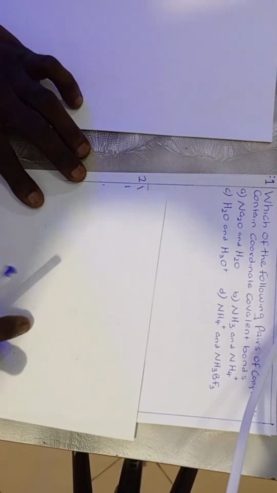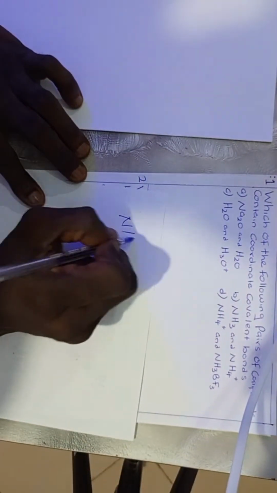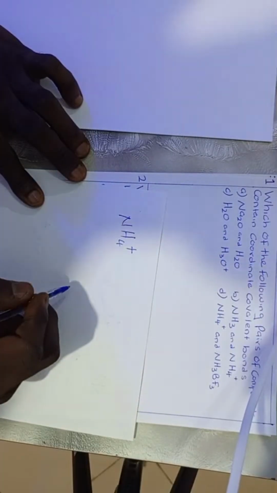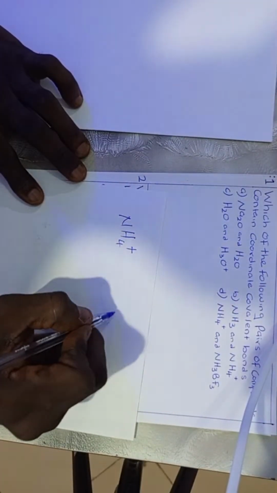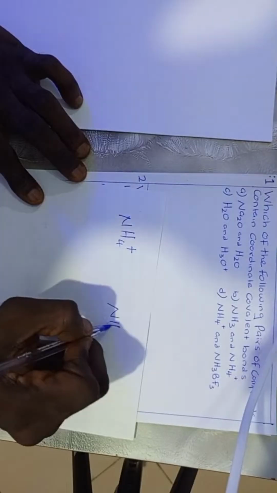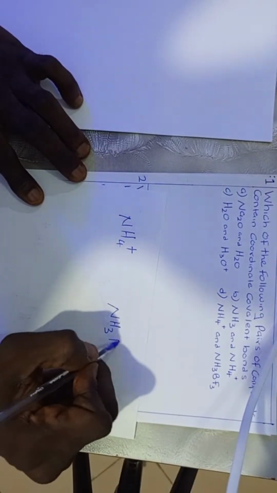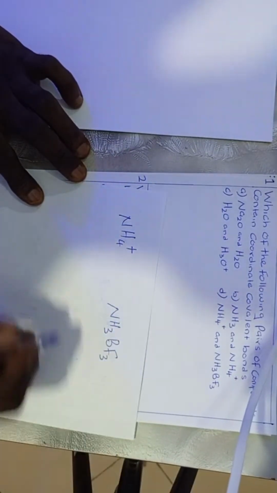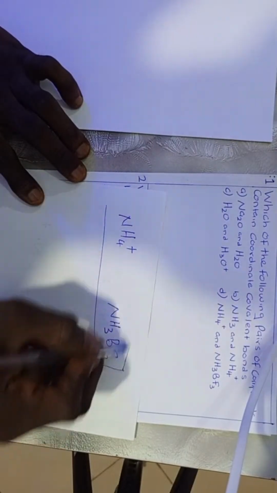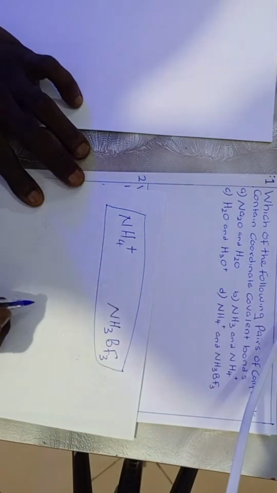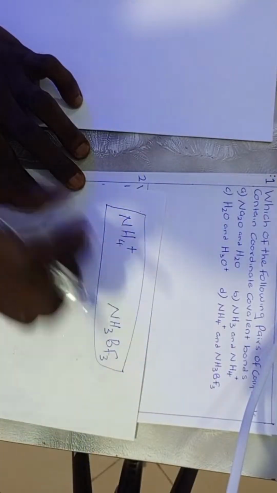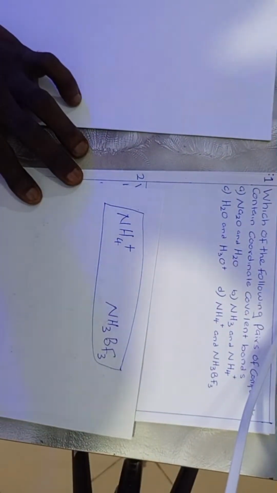Now, option D, we have ammonium ion, NH4 plus, alongside this special compound here, NH3BF3. This is a special JAM question, it is a trick. These two species exhibit coordinate covalent bonds. How?